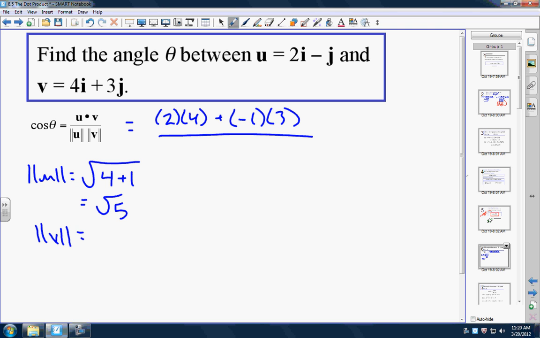Magnitude of v is going to be square root of 16 plus 9, so that's square root of 25, so that just comes out as 5. And those are multiplied on the bottom down here. So this is 5, square root of 5. All we got to do is clean this up.